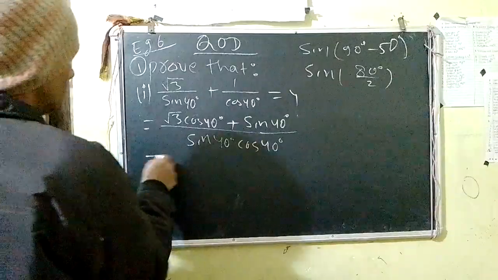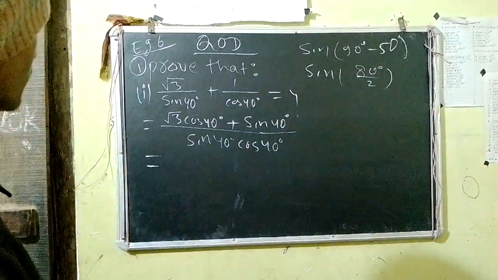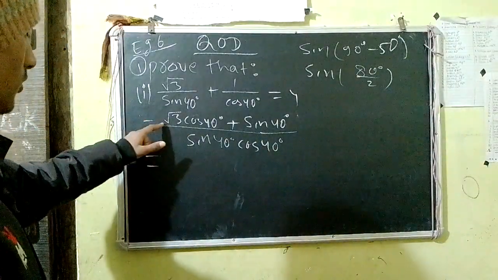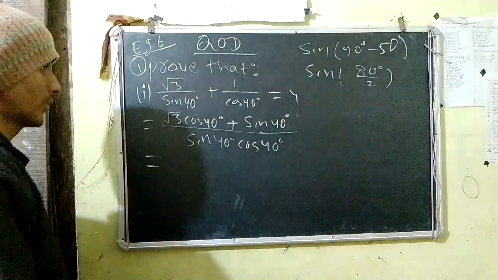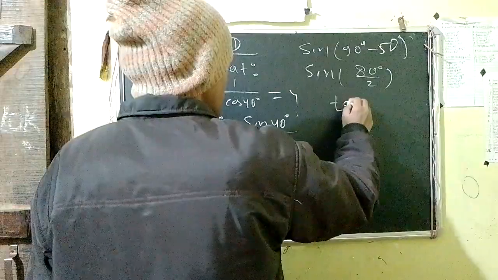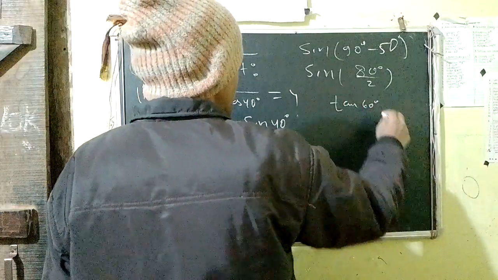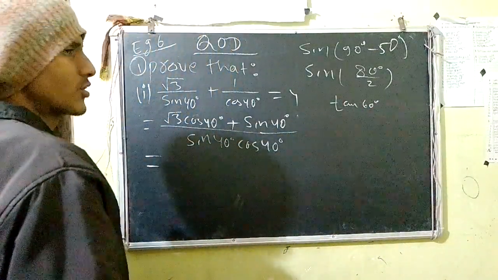Furthermore, this is root 3. Does this look familiar to you? Any values? It looks familiar, but it is tangent 60.